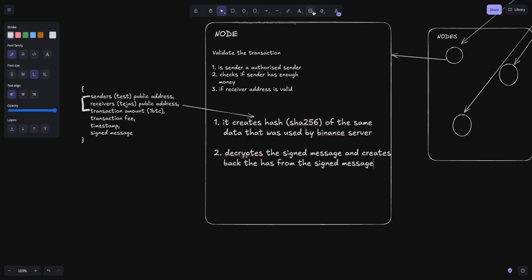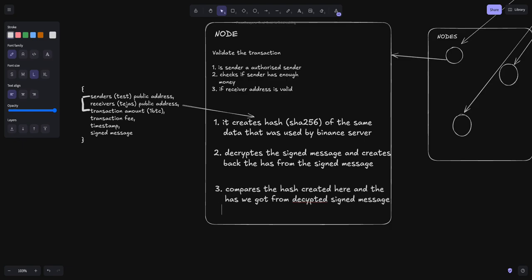Now what it does is it compares the hash. It compares the hash created here in this particular node and the hash we got from the decrypted signed message.